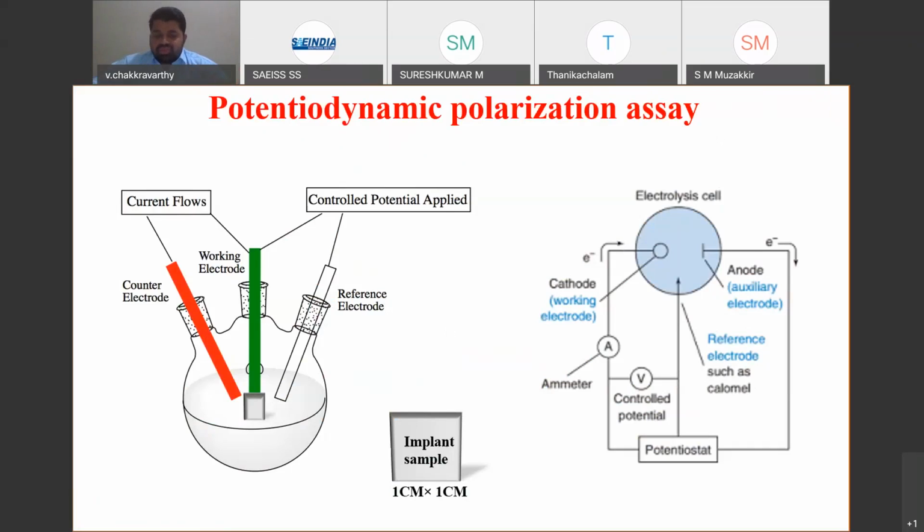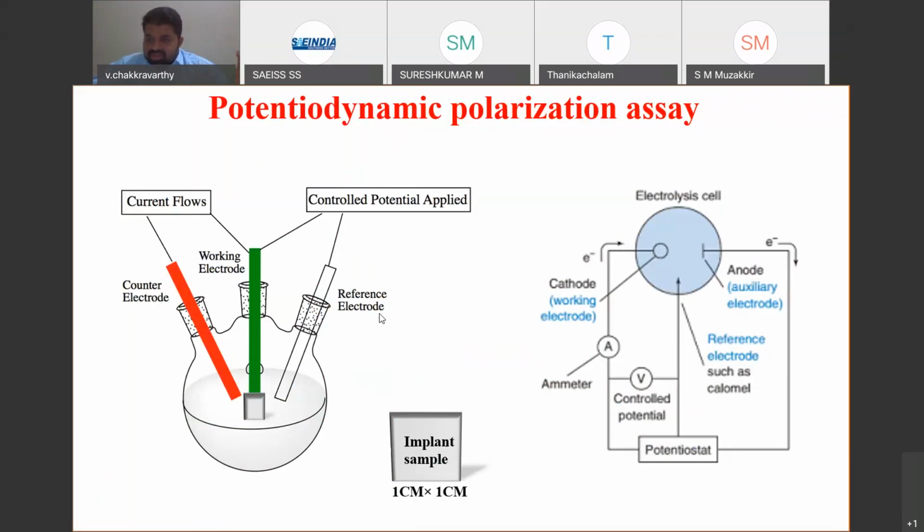We generally use it as a working electrode. The working electrode is nothing but our implant material. The other one is the counter electrode, and the other is the reference electrode. These three electrodes are used for evaluating the corrosion resistance of a material.